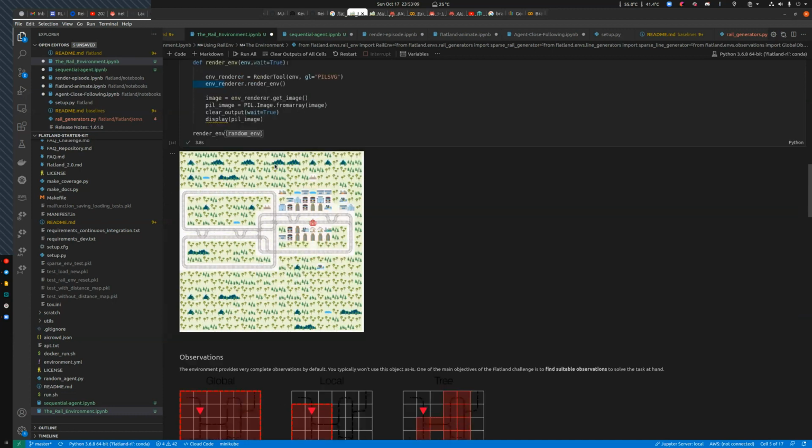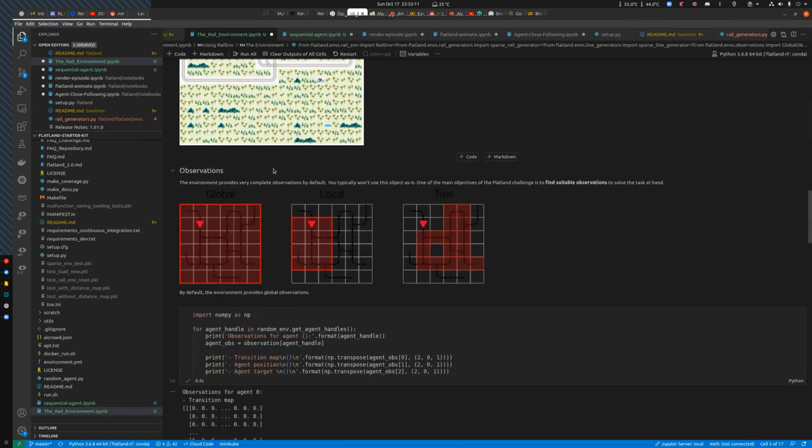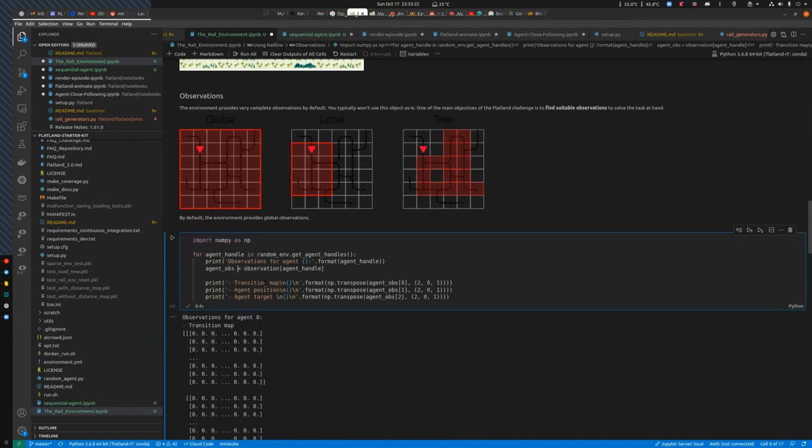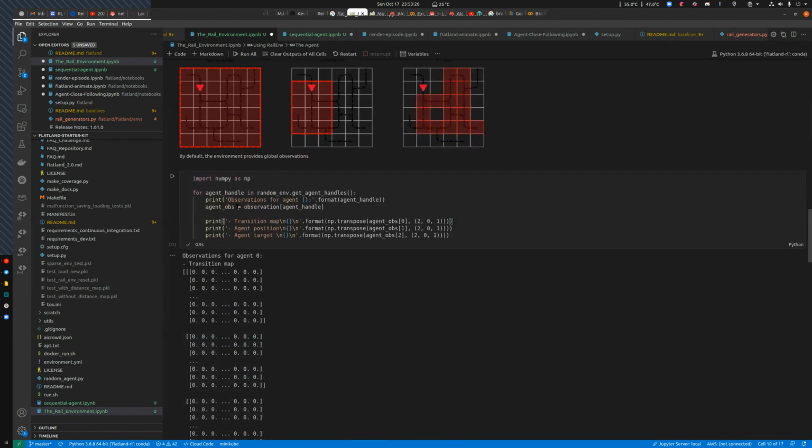So that's the same environment, and these are the observations that I've alluded to earlier: global, local, and tree. For the challenge part, we will be using tree, but currently we are using the global map. And here you can see the number of transition maps, the agent positions, and the agent targets.